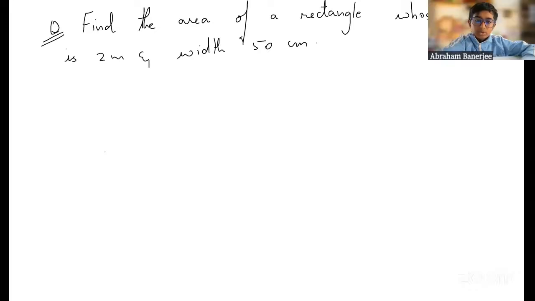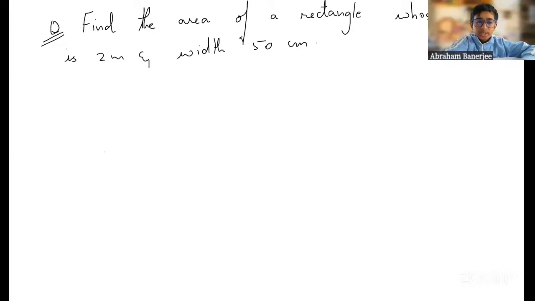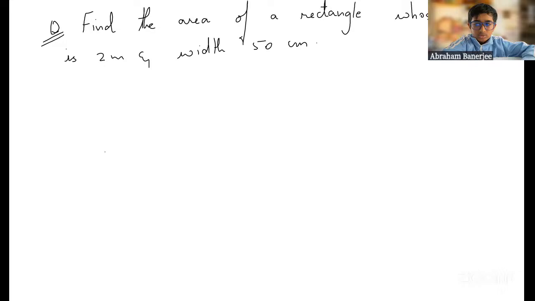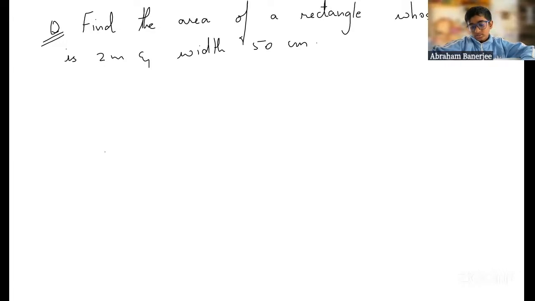Ma'am, we have to convert 2 meters into 200, and 200 multiplied by 50 is 1000, because 5 twos are 10, and then just add the zeros. 3 zeros. So after 10, there'll be 3 zeros. So it's 10,000. How 3 zeros? 100 has two zeros and 50 has one. Oh yeah, 3 zeros. 10,000.